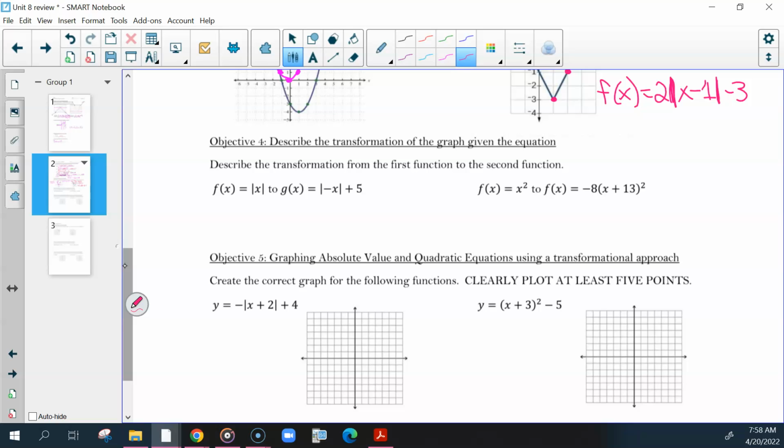So for this one, there are 2 things. The plus 5, and it doesn't matter the order, the plus 5 would be a translate. It's on the outside, so that would be an up or a down. It's plus, so it would be up.